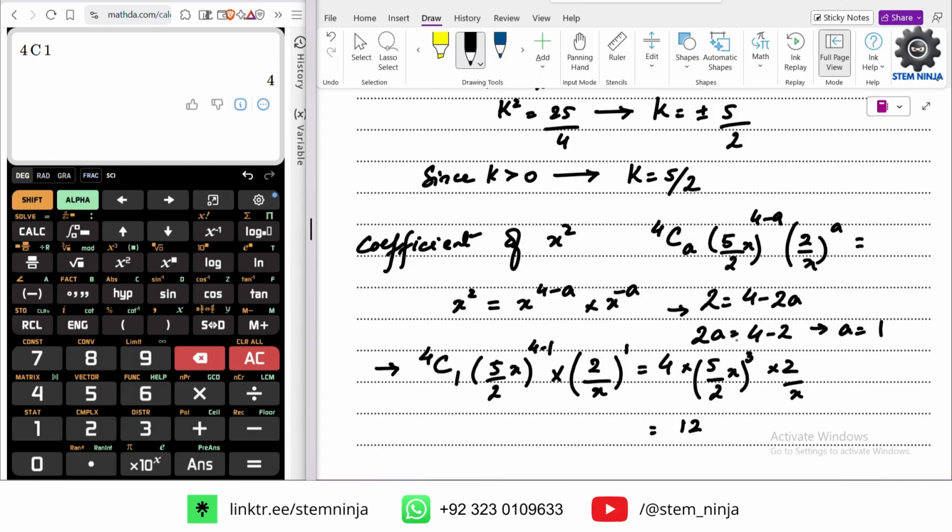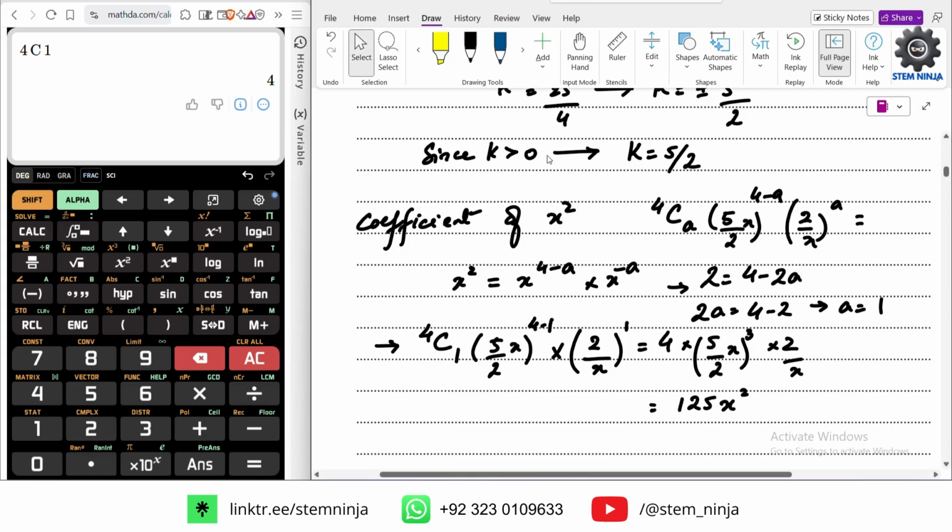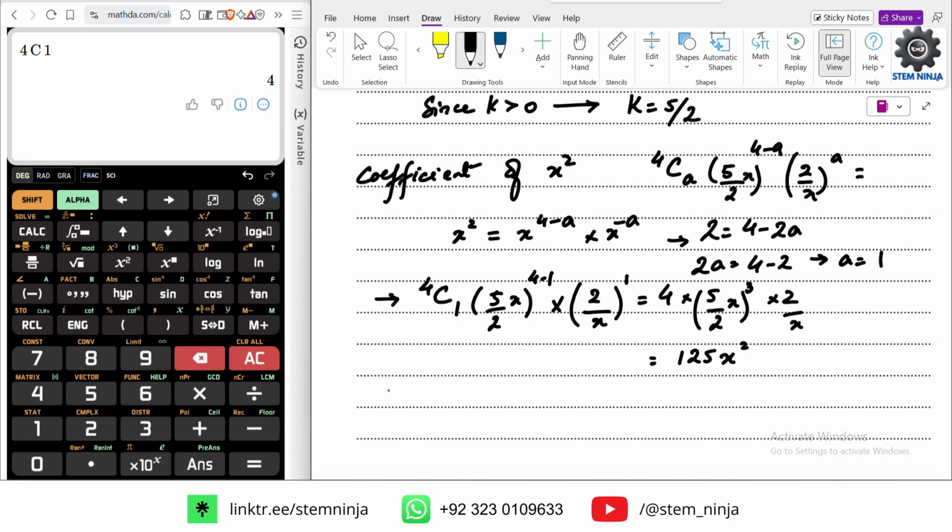Actually, 4 times 2 divided by 8 will cancel out, so you have just 125 x squared. So therefore the coefficient of x squared is 125.